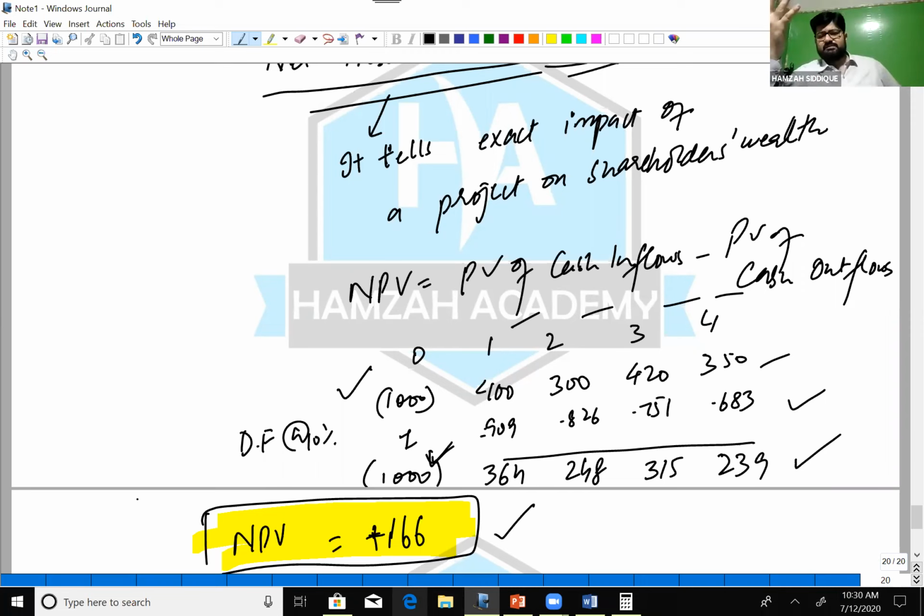In other words, for example, they borrowed 1,000 from a bank. They invested, received cash flows, paid first of all the cost of capital, then repaid the bank. And still with them, the remaining amount in the pocket is a positive 166.